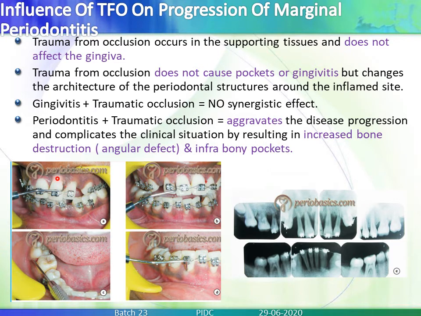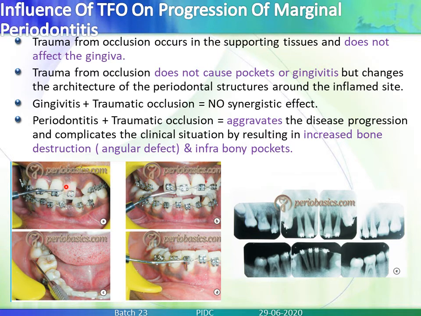So this was a case where an orthodontic treatment is being carried on. You can see this lady who has so much bone loss, but they have carried on orthodontic treatment. You can also see the amount of pocket depth present. But how is this possible? In this case, the amount of force is not related to the injury around.